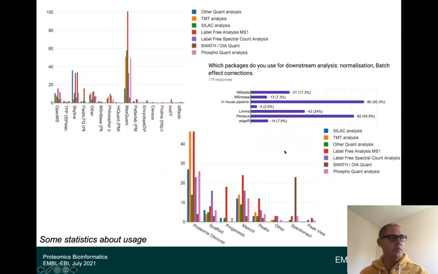And as I mentioned before, I will not talk about them, but there are also commercial tools that are quite popular, like for example Protein Discoverer that came with Thermo instruments, and also Mascot, Progenesis, Scaffold, and Spectronaut.